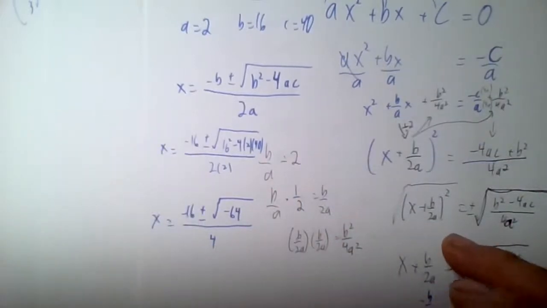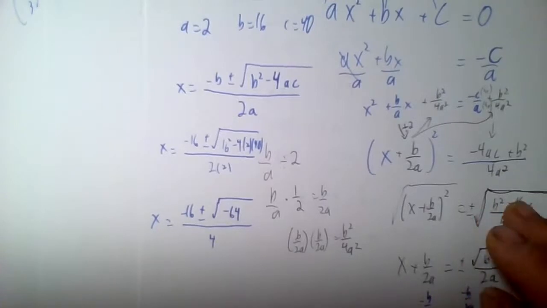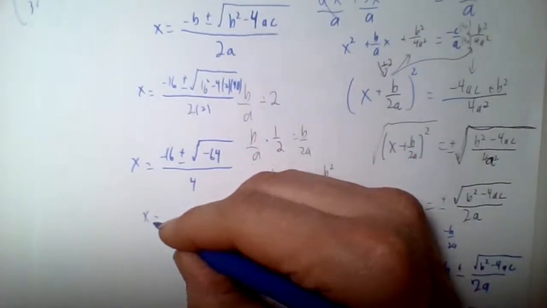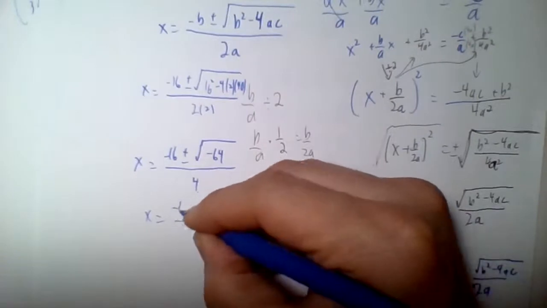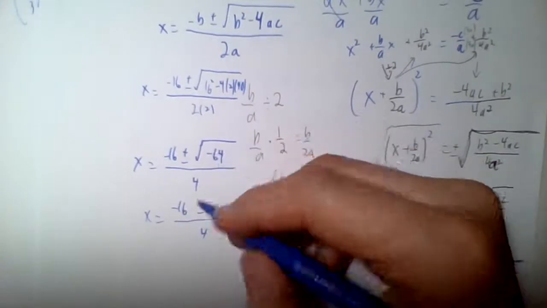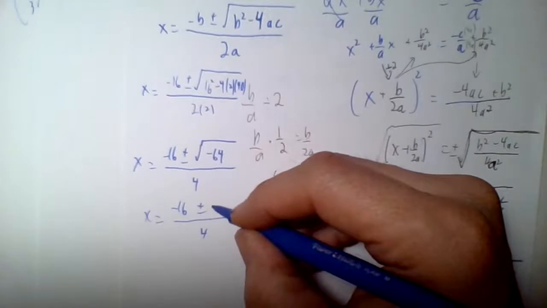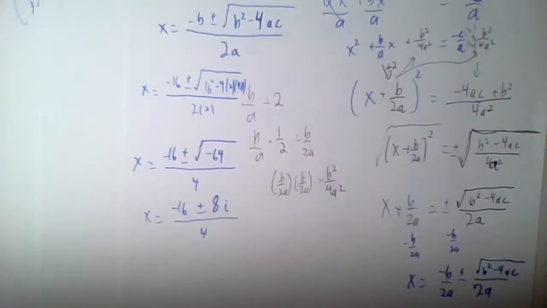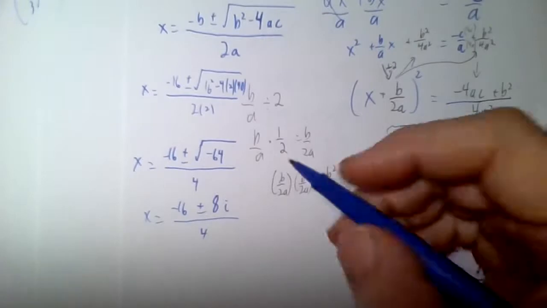And then you're thinking simplifying radicals and stuff if you can. 64 is a perfect square. Negative in there means I have the i. So this kind of simplifying would be, that just turns into i times the square root of 64. So 8i is what I get, as negative 16 plus or minus 8i.